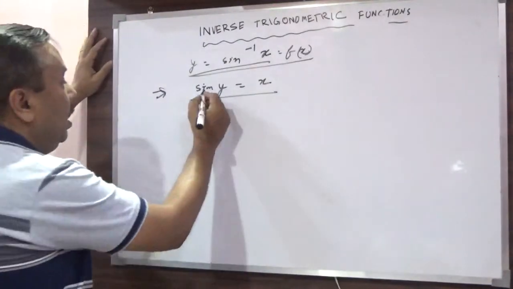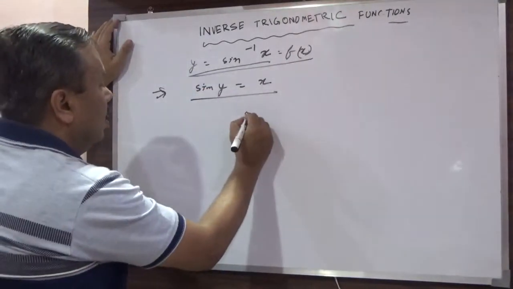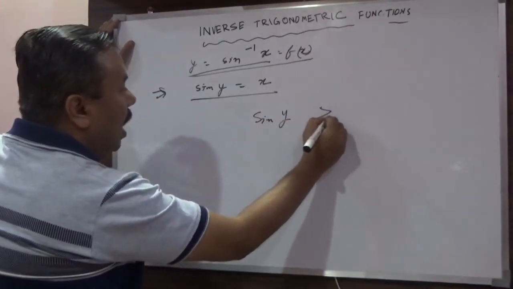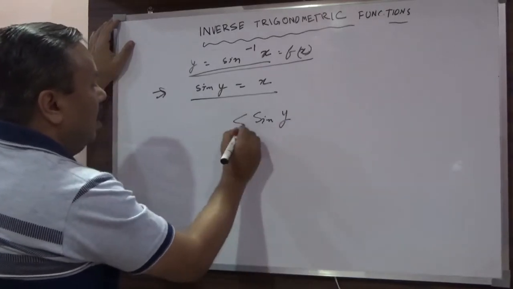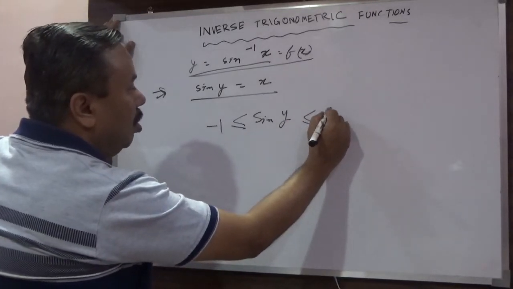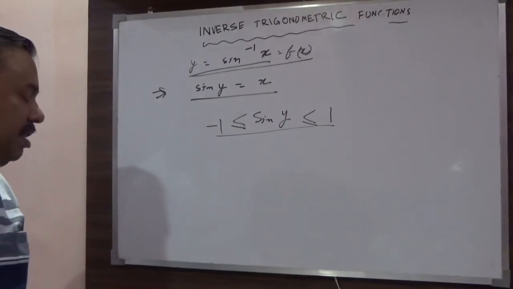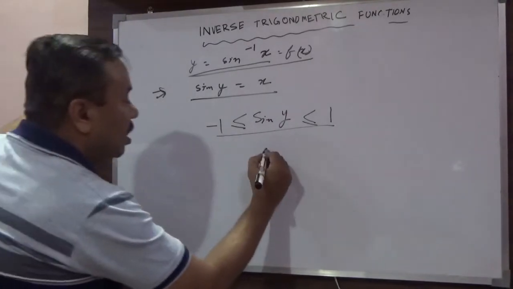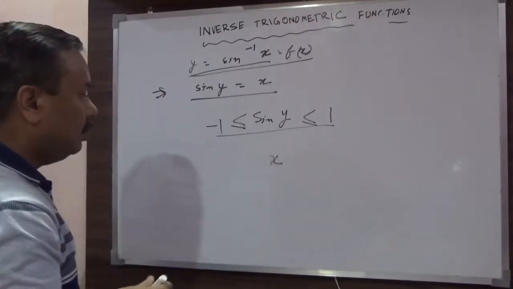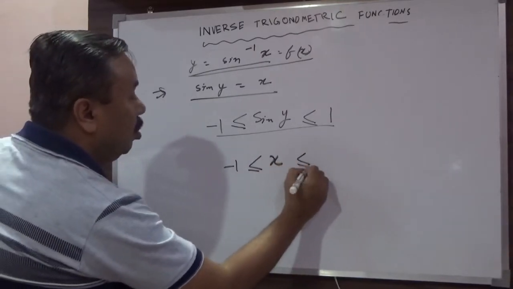So obviously if x is equal to sine y, that means sine y is greater than or equal to -1 and less than or equal to +1. So its value ranges up to this, which means your x is also lying between -1 to +1.